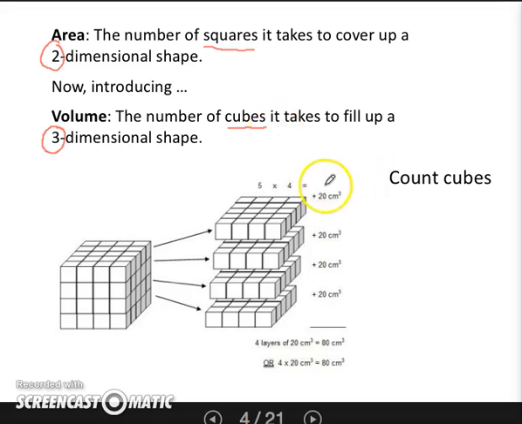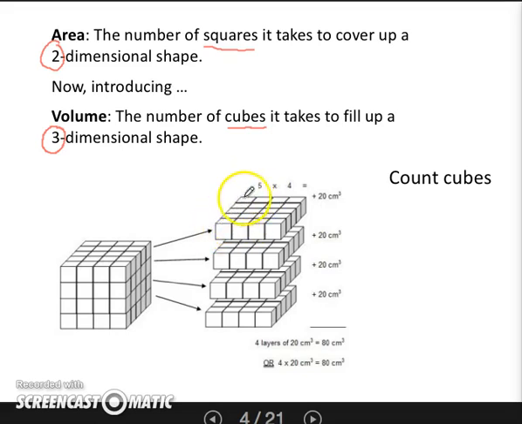So we can start out to find the volume of something by simply counting the number of cubes in that shape. For example, this is a rectangular solid, so it's kind of hard to count the cubes on the inside of this, but if we cut it up into slices like this, we can count the number of cubes in one slice.